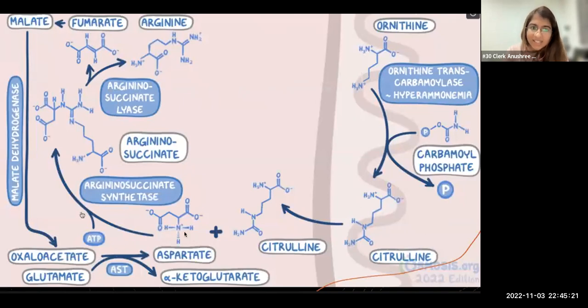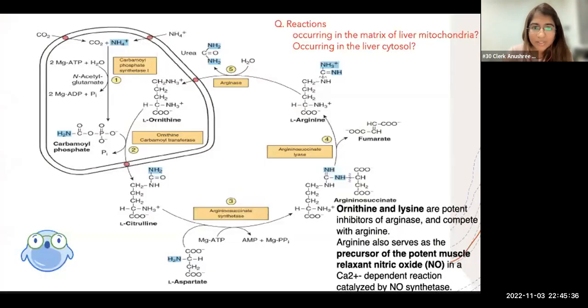It is regenerated so that it can continue the urea cycle, and the glutamate is converted into alpha ketoglutarate. So just take note of the links between the cycles. It's very, very important. So the fate of fumarate, we all got to know, it will regenerate aspartate by transamination.